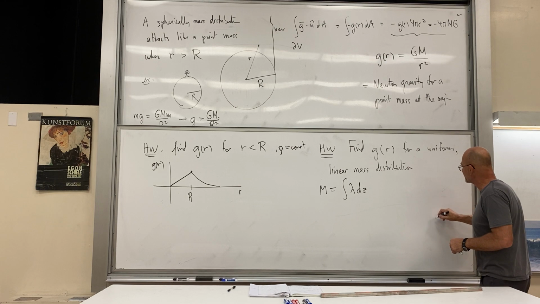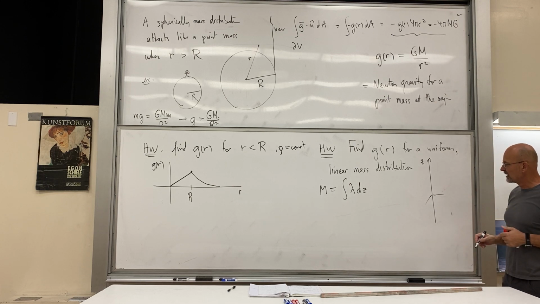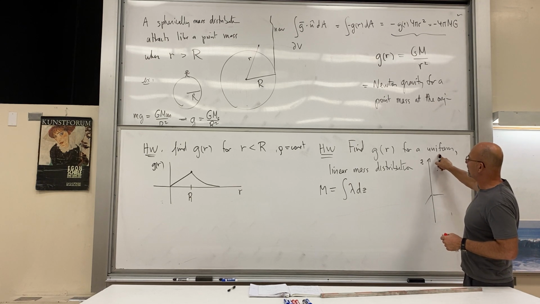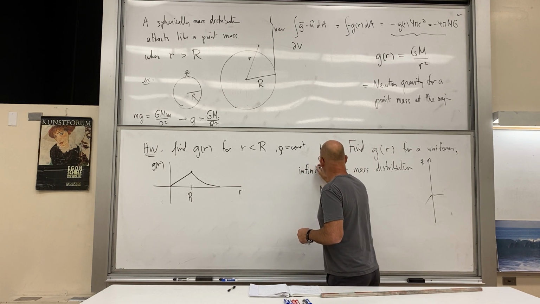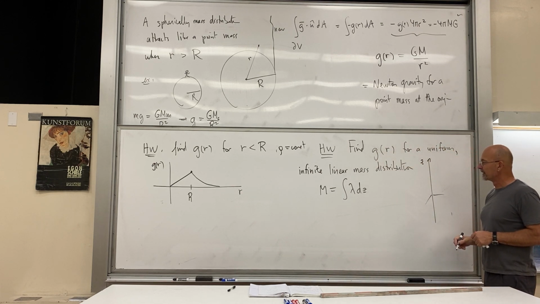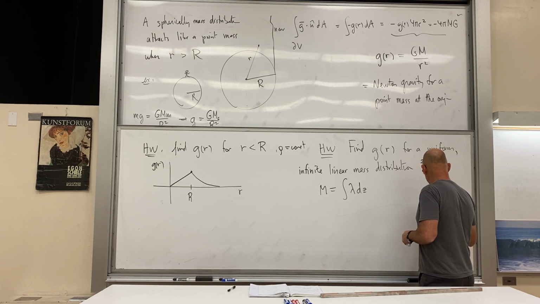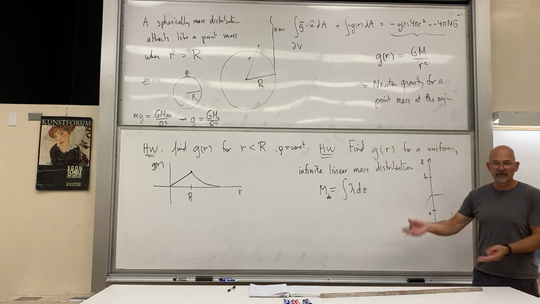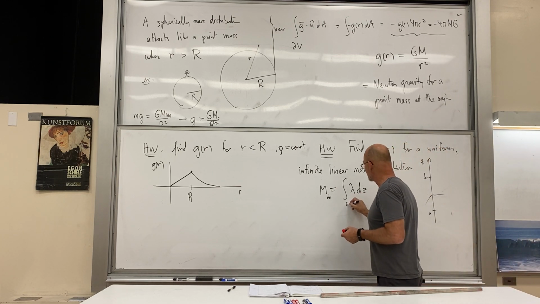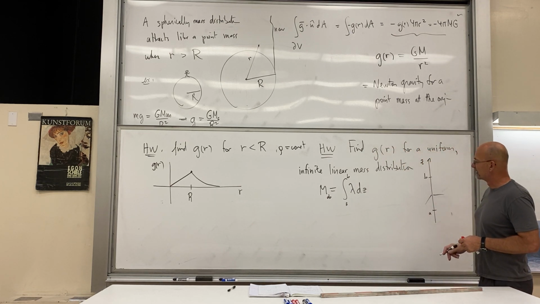Okay, so we've got a linear mass distribution along the z-axis, and because it's a uniform infinite linear mass distribution, it goes out to plus and minus infinity. So if I have just some places A and B along it, I can no longer integrate the whole thing, it's going to have an infinite mass, but I can just go from A to B like that. Mass per unit length times unit length. So that's a certain amount of mass.